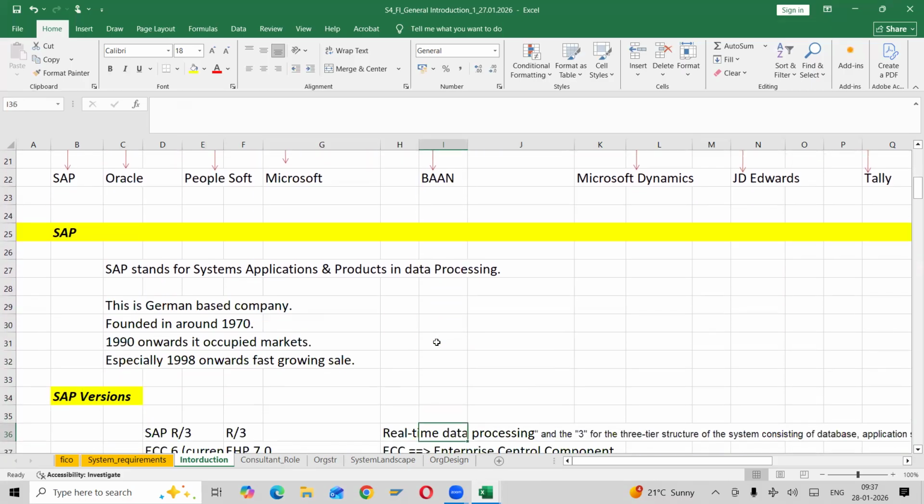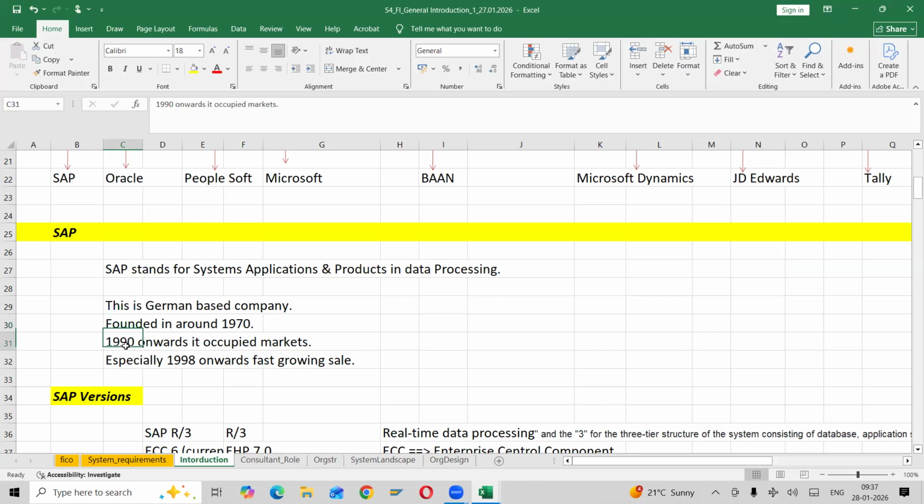What do you mean by SAP? SAP stands for Systems, Applications and Products in Data Processing. No need to explain now. As I said, SAP is a German-based company, which was established in the year 1970. Till 20 years it was working on it. I'll explain what the model was in the next sessions.